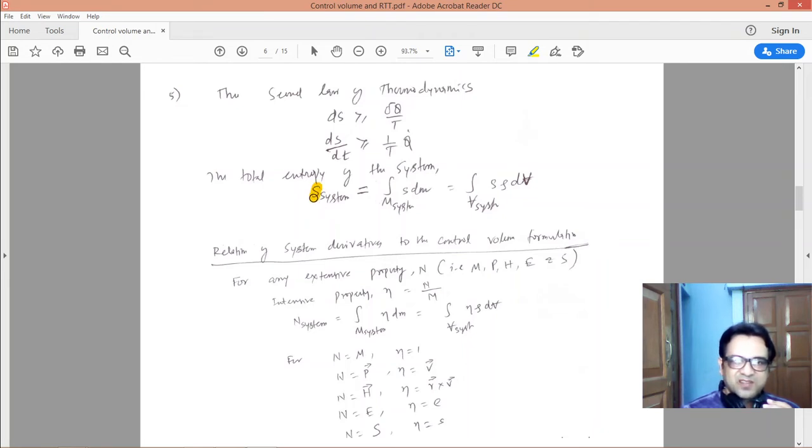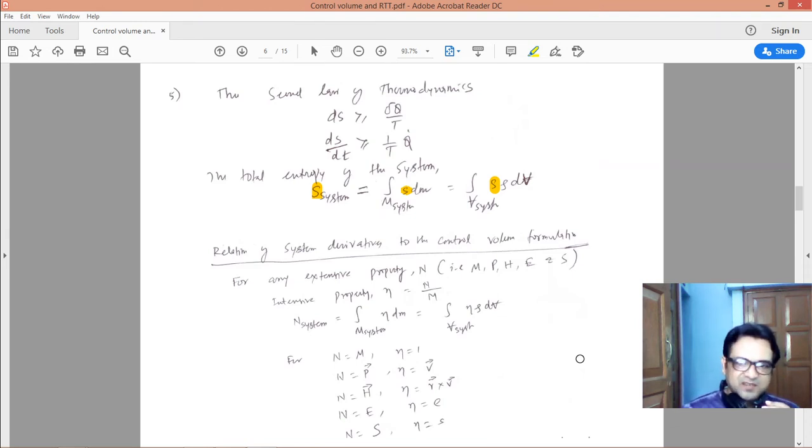We can find the total entropy of a system, and this is the specific entropy per unit mass. So the total entropy equals the volumetric integral of this specific entropy into rho dV. So all these 5 laws are applied to a system.